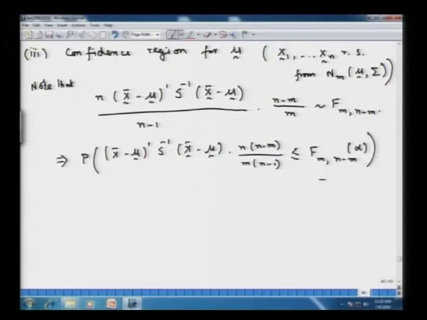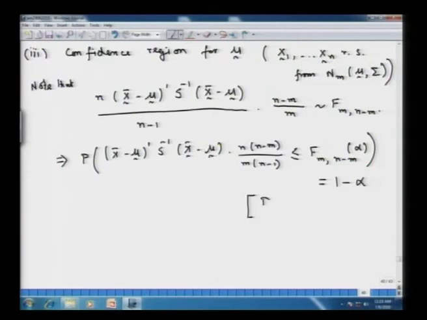What is this probability going to be equal to? This probability is going to be equal to 1 minus alpha, wherein this particular term is the upper alpha percent point of a central F distribution on m, n minus m degrees of freedom, right. So the area to the right of this particular point is alpha, and hence the area to the left of it is 1 minus alpha.